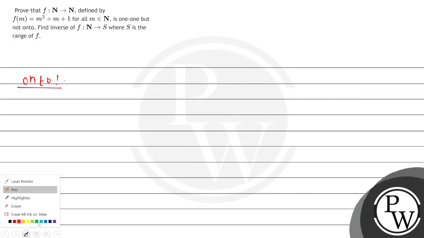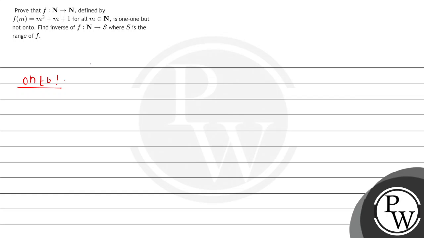First of all, we'll try to find out the range of this function. So f of m is given as m square plus m plus 1. Now we'll make the perfect square.